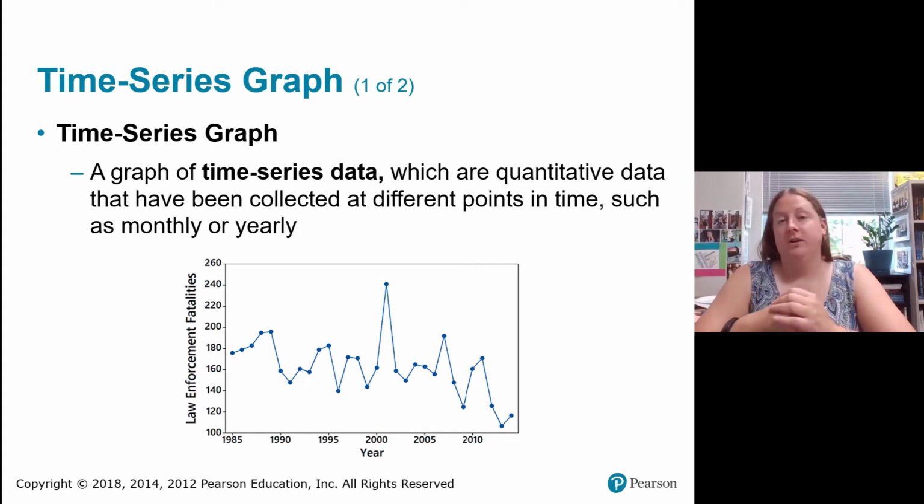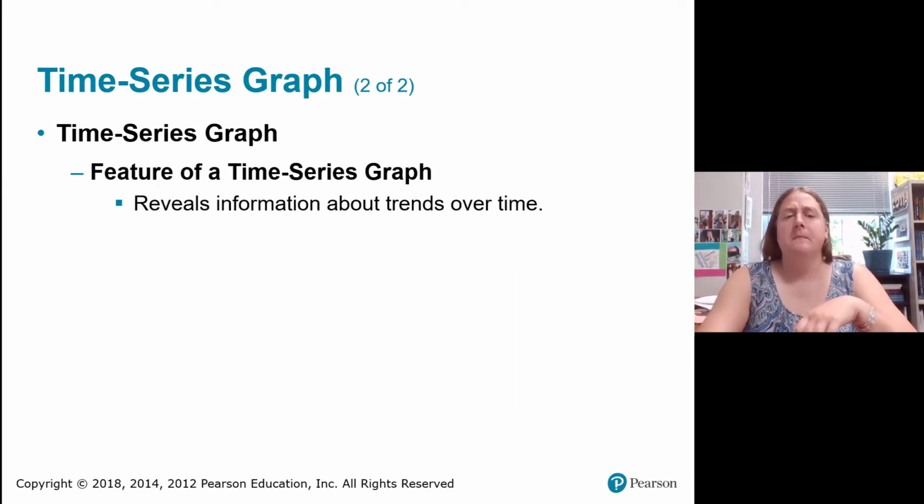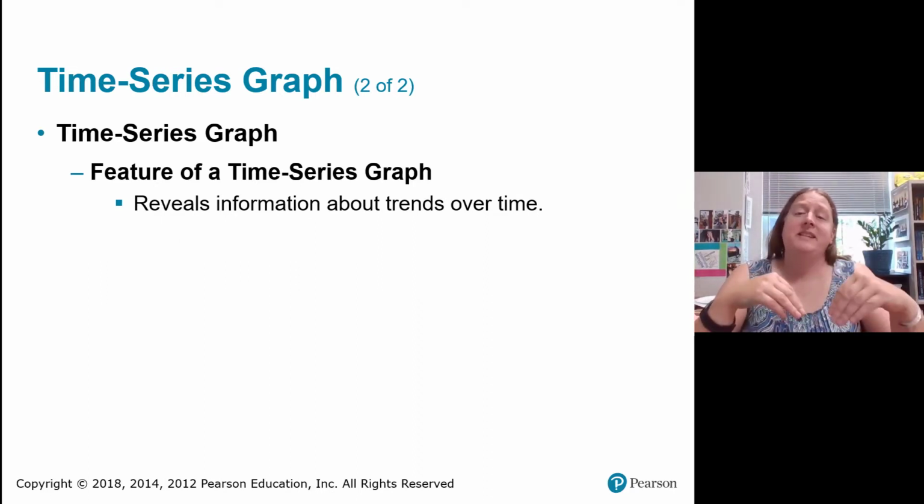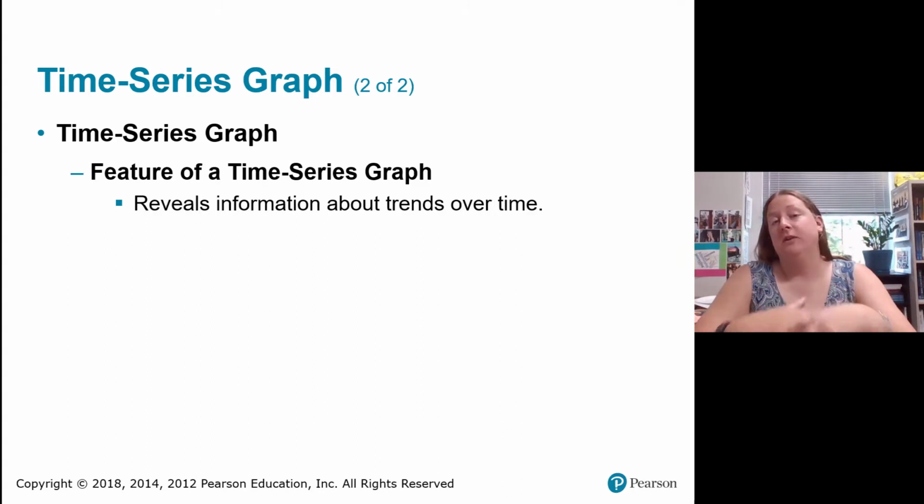Time will generally be our horizontal axis, and our vertical axis will be that quantitative data point. So in this case, it's law enforcement fatalities. So we can see that plotted over time. A time series graph allows us to see what kind of trends are happening over time, and this can be an incredibly helpful thing depending on what we're looking for.